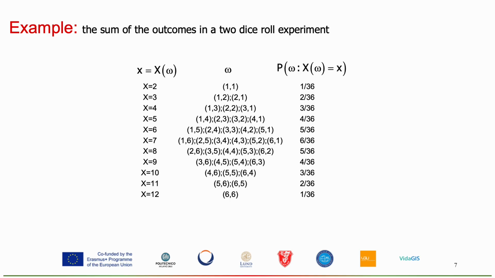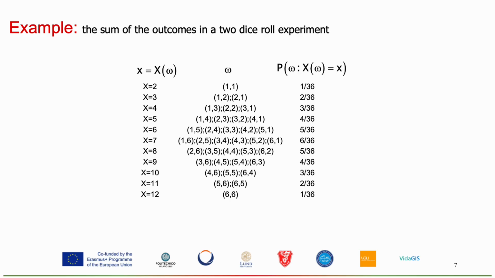X equal to 3 can be generated by the event 1, 2, but also by the event 2, 1. The event X equal to 4 can be generated by the event 1, 3, or the event 2, 2, or the event 3, 1. And you can continue up to the event X equal to 12 that clearly can be generated only by the event 6, 6.